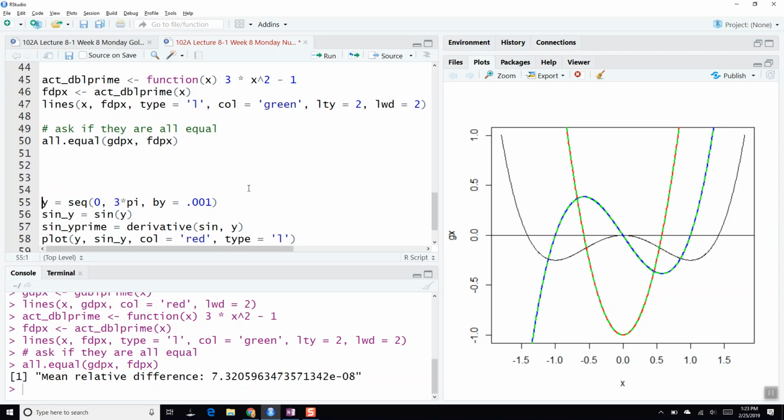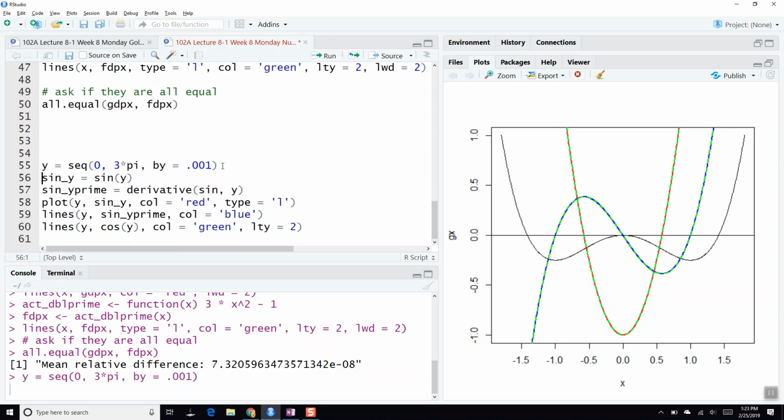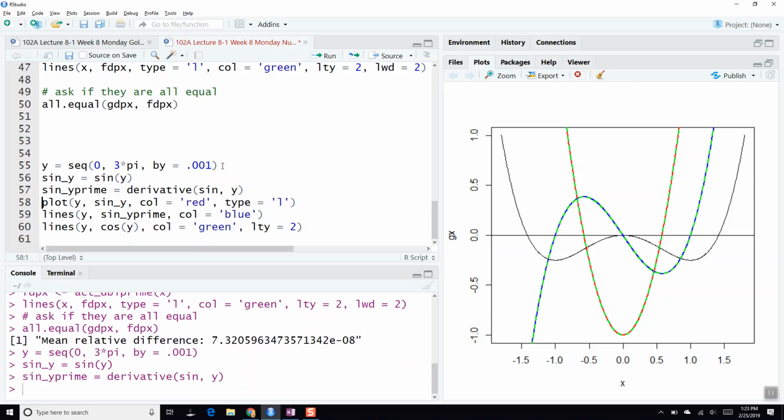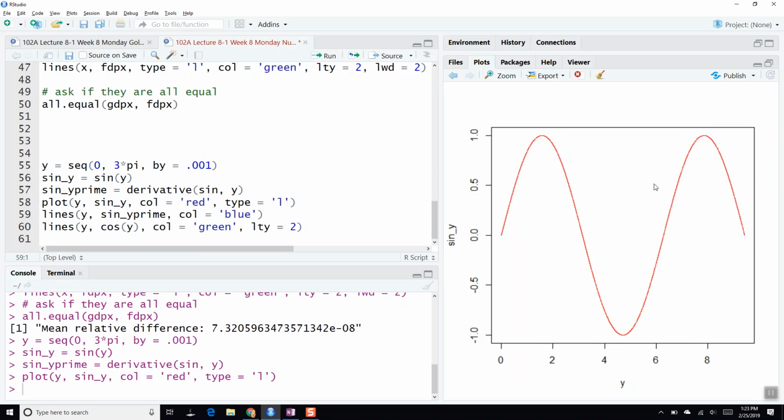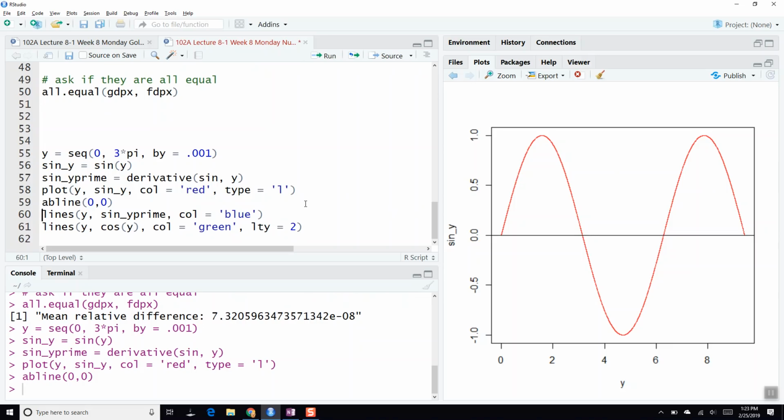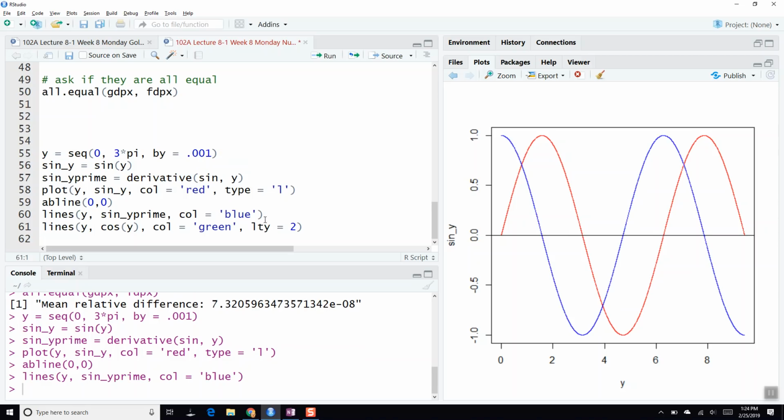Here's just another example. I'll graph 0 to 3 pi of sine of y, and if I plot sine of y, it looks like this. Maybe I'll add the x-axis. So that's the sine function from 0 to 3 pi. Then, just using the numeric derivative, we can add the derivative of that, and that looks a lot like the cosine function.